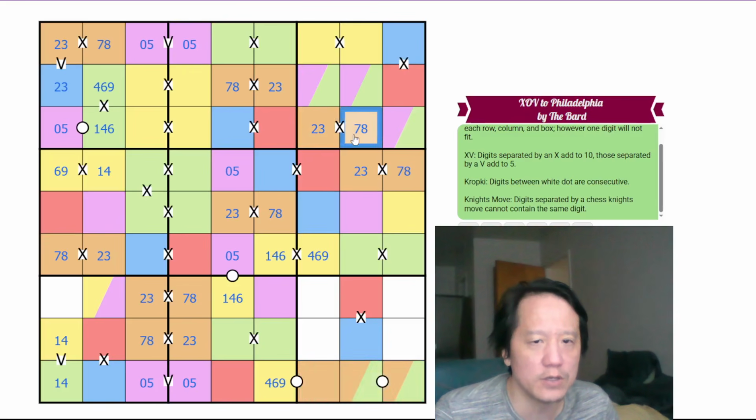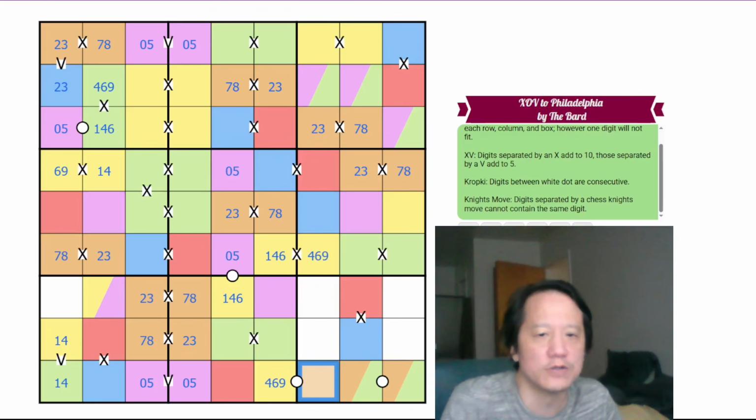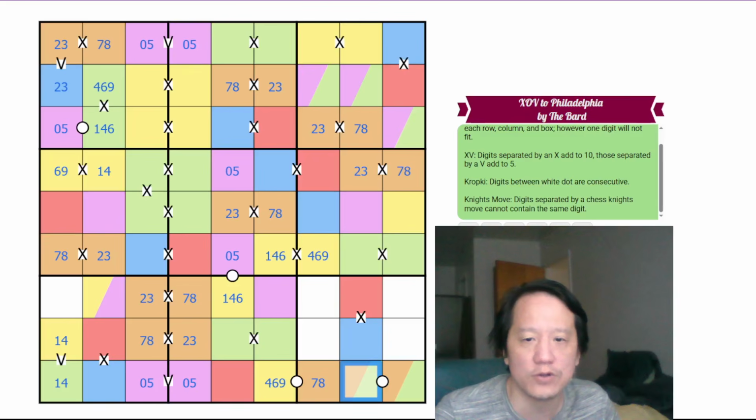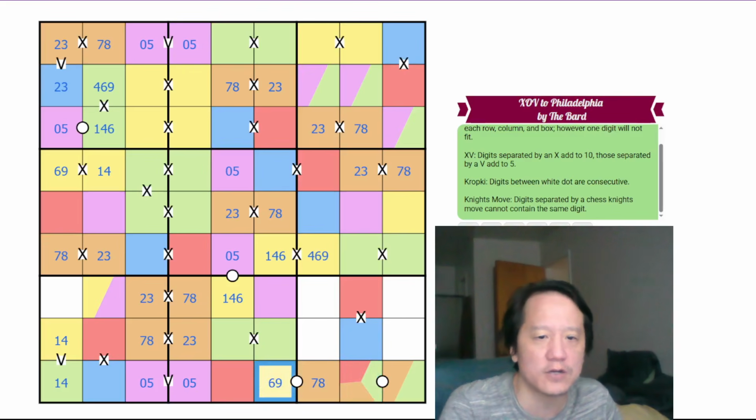This can't be the low yellow because of the low yellow there, so this is high yellow. This can't be either orange. Sorry, orange. I kept saying yellow. So this must be the high here, which means this is low.